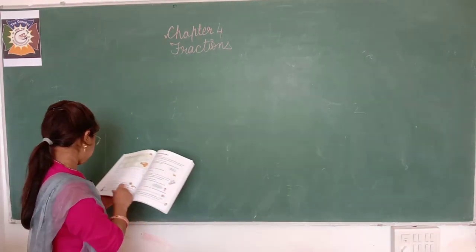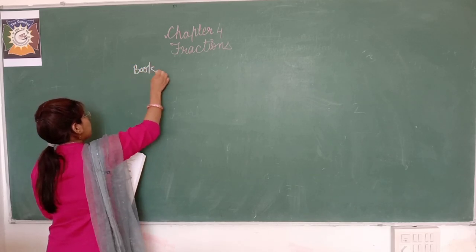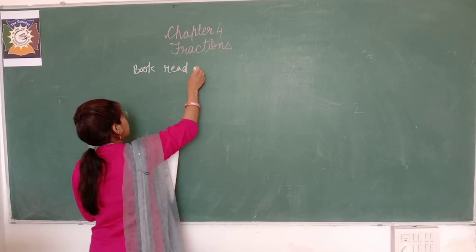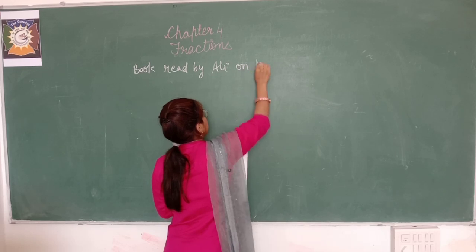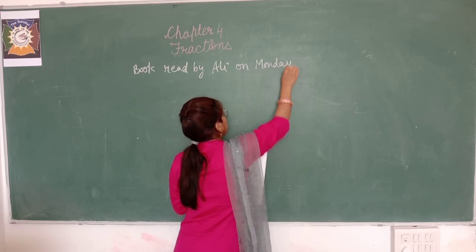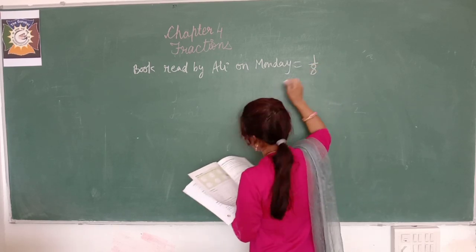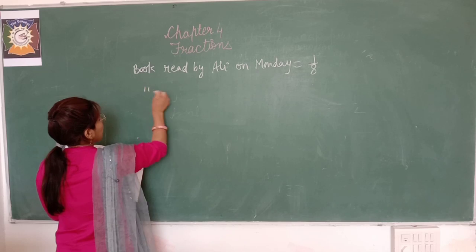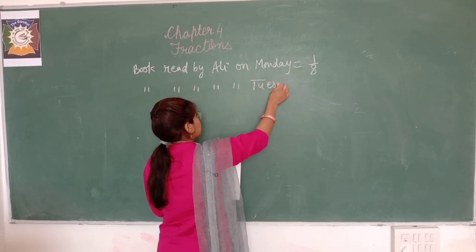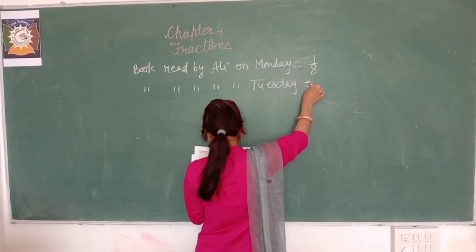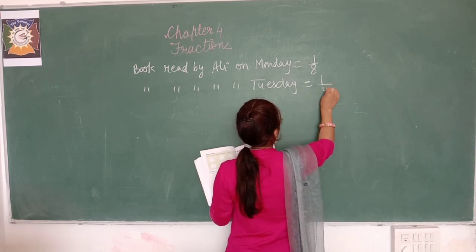Okay children, now see what will you do? Book read by Ali on Monday is equal to 1/8. Book read by Ali on Tuesday is equal to 1/4.